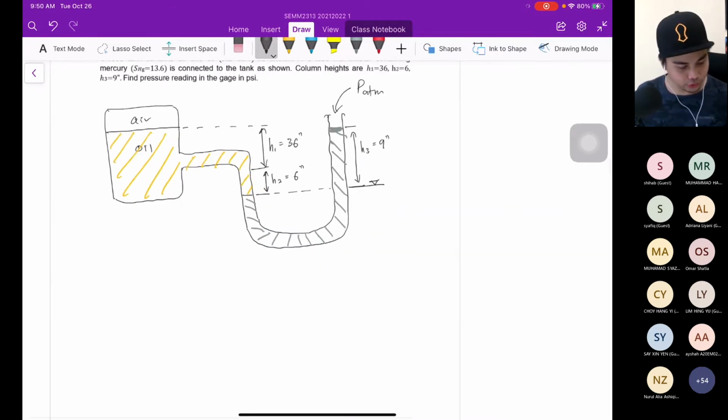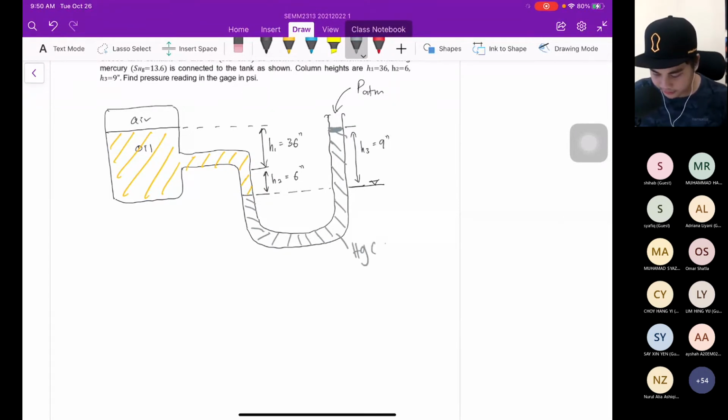So to solve this one is quite simple. This is Hg. The specific gravity of mercury is 13.6, and oil on the other hand is 0.9.